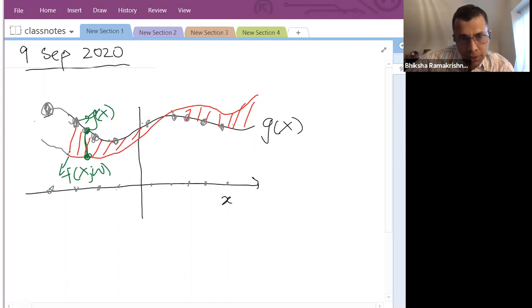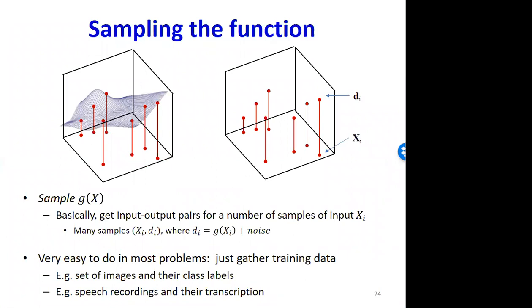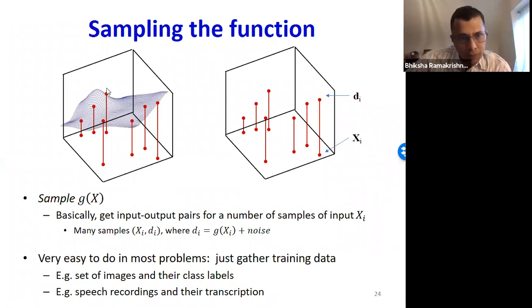Instead of computing the function everywhere, we sample a collection of input output values, and then estimate the parameters of the network such that at these inputs the function goes through all of these points.